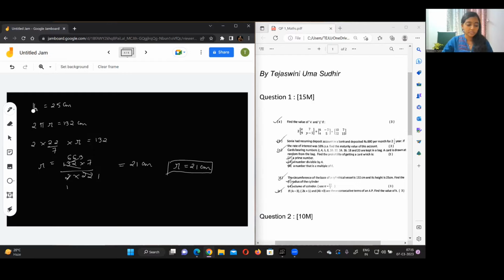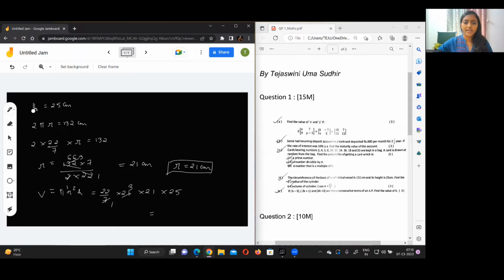Volume of the cylinder, we have to find out. The volume of the cylinder formula would be pi r square h, which is nothing but 22 by 7 into 21 into 21 into 25 centimeters, which is given. So you do 7 ones are 7, 7 threes are 21, and then you have to do 22 into 3 into 21 into 25.